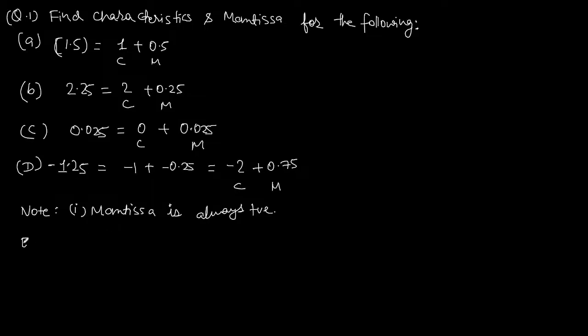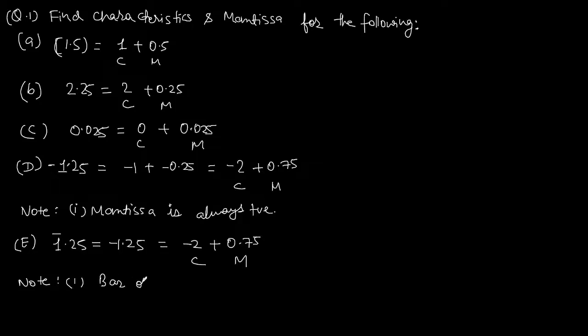And E. If we are given something like bar 1.25, it is nothing but minus 1.25, and similarly minus 2 is characteristic and 0.75 is Mantissa. Note: I think bar 1 will be minus 1 characteristic plus 0.25 Mantissa.